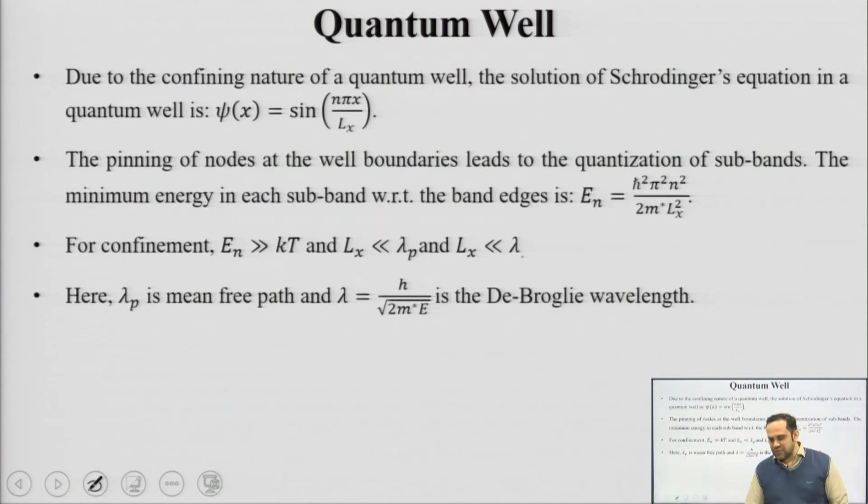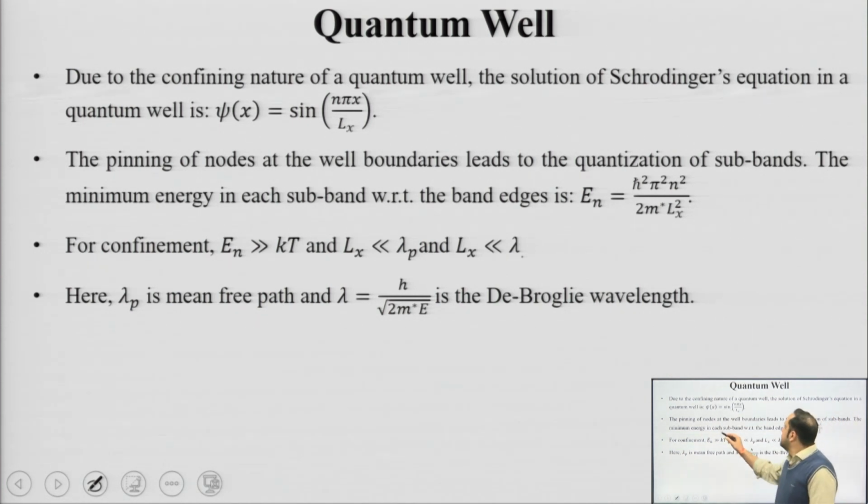Due to this confining nature, you can now relate this discussion of quantum well to the discussion of the infinite potential well. When we studied the infinite potential well, we saw that the energy was a function of the length of the well. Here also we do the same thing. We solve Schrodinger's equation in a quantum well.